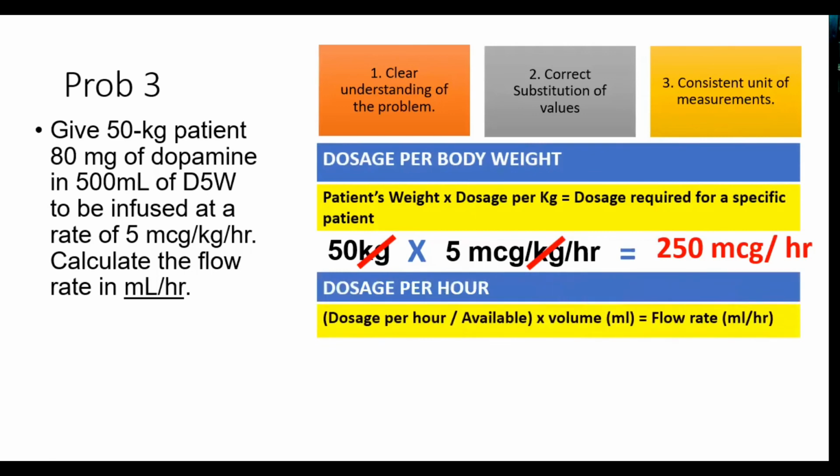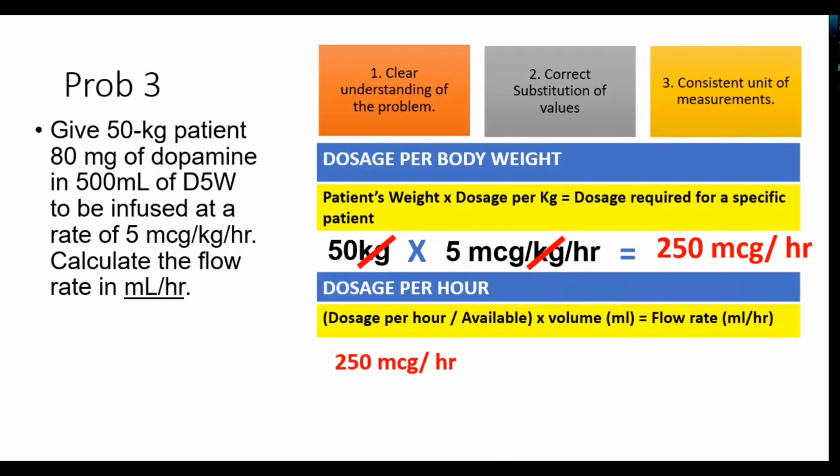The next step that we need to do is to proceed with the calculation for the flow rate. It follows the formula: dosage per hour divided by available multiplied by the volume in ml, which will give us the flow rate in ml per hour.